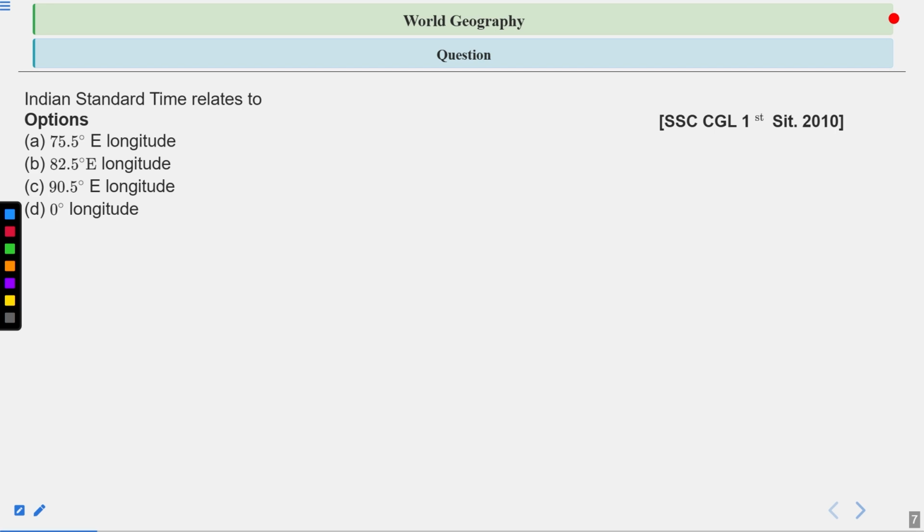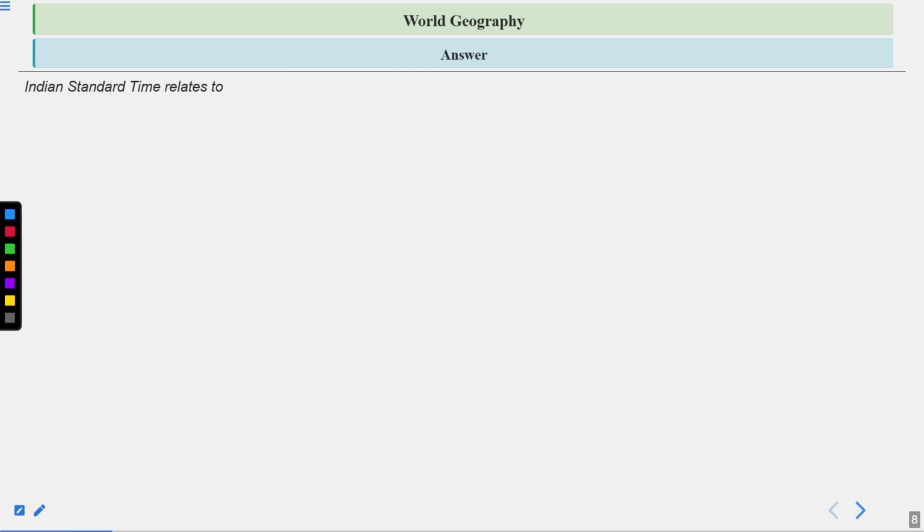Indian Standard Time relates to which of the options: 75.5 degree east longitude, 82.5 degree east longitude, 90.5 degree east longitude, or 0 degree longitude. Indian Standard Time is related to 82.5 degree east longitude.